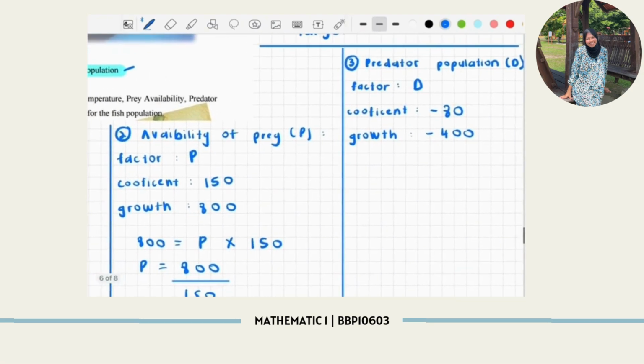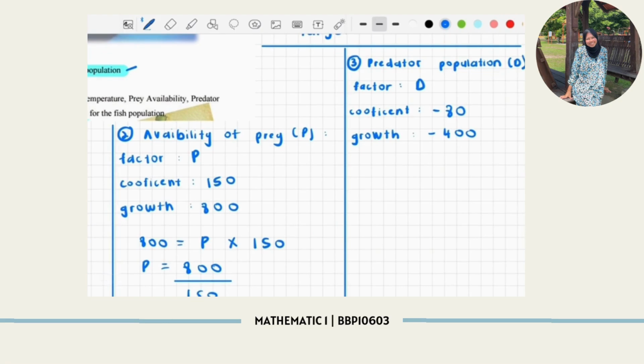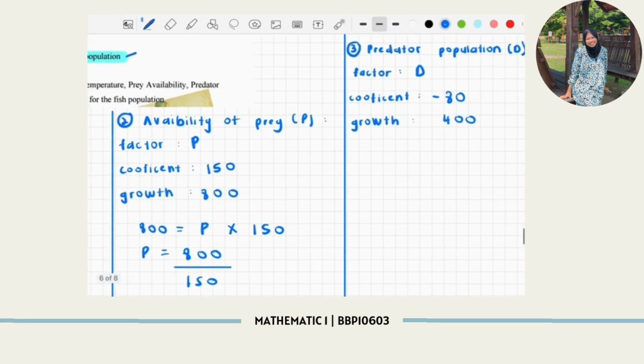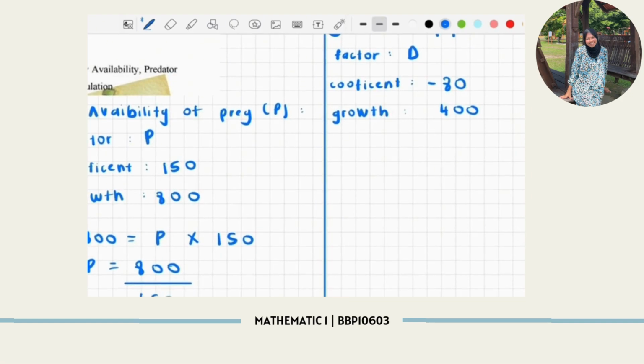And the last one, we have the predator population, where the factor is D, the coefficient is negative 80, and the growth is 400. The growth is 400 because here the target that we want is 400. Okay, so we can just insert it in the formula: growth 400 equals the factor multiplied with the coefficient.